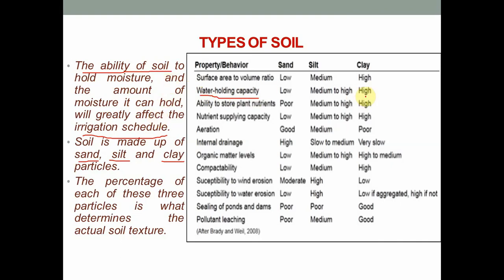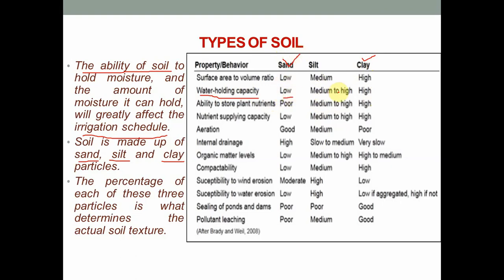Now if in a soil sample the percentage of clay is high, that means the water holding capacity will be high. And if the percentage of sand in a soil is more, then the water holding capacity of that soil will be low.